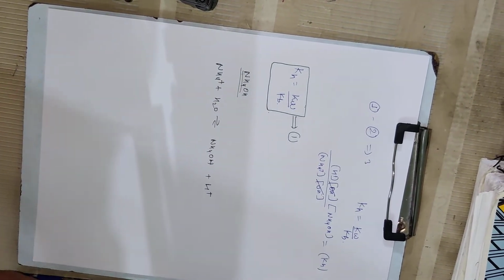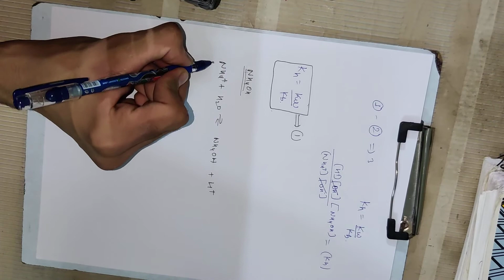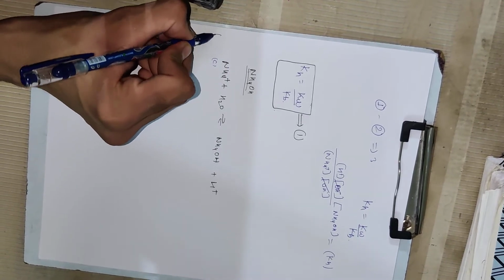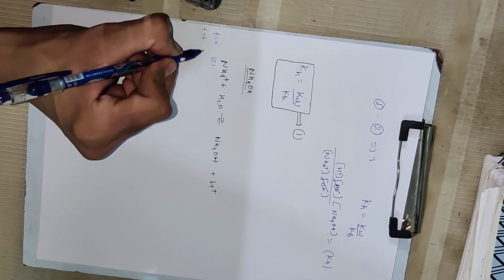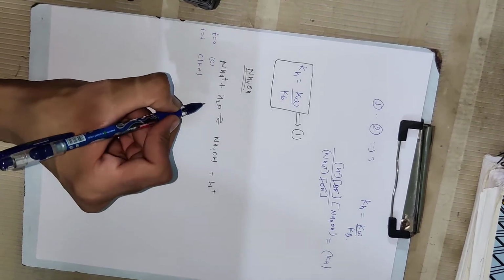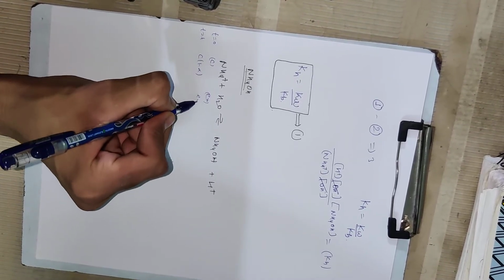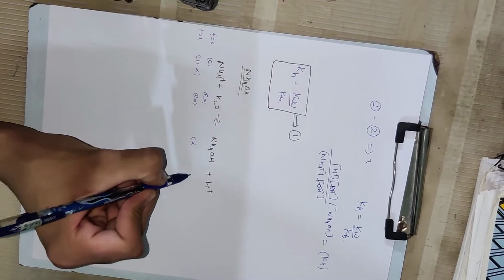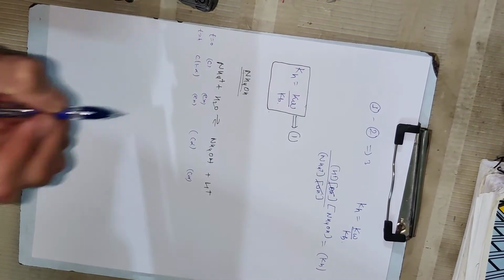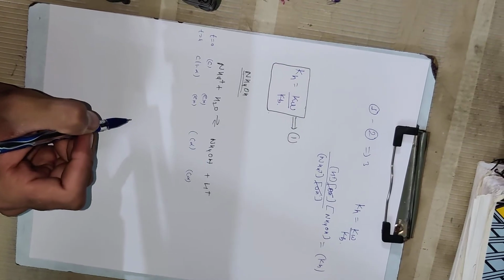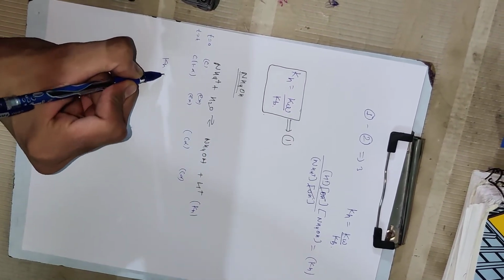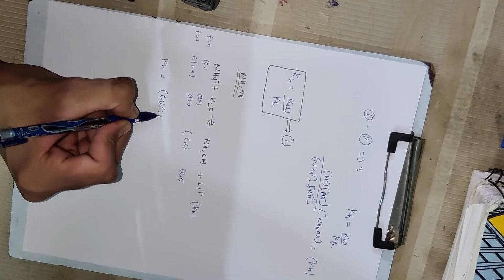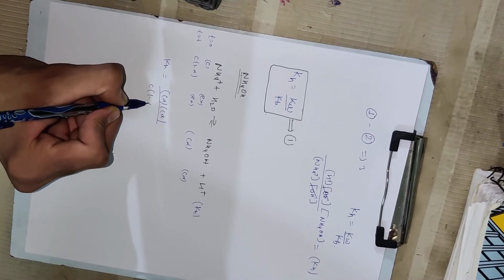If this has a concentration of C at time t equals 0, then at equilibrium it is going to have C(1 minus alpha), and C alpha, C alpha. We are going to find pH from this. So Kh equals C alpha into C alpha upon C(1 minus alpha).